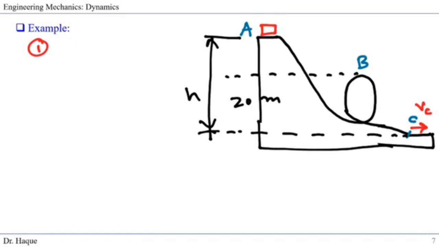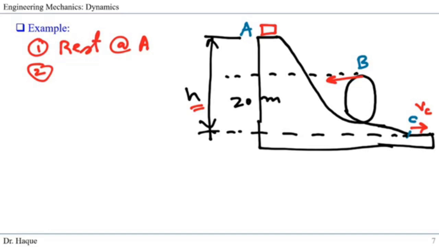The box at point A starts from rest. The problem says we have to design the height h so that the box doesn't leave the track when it travels.